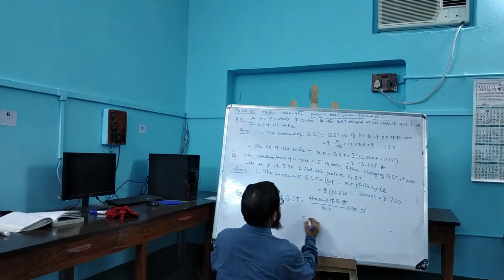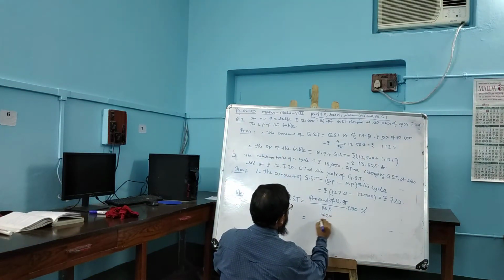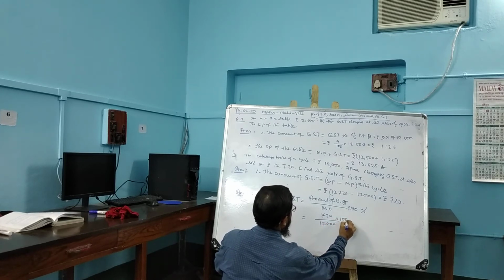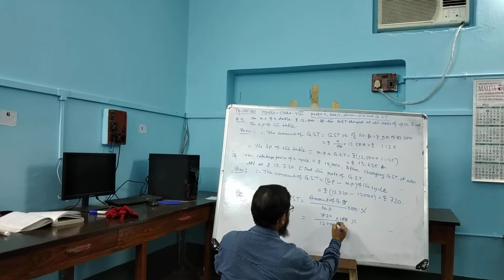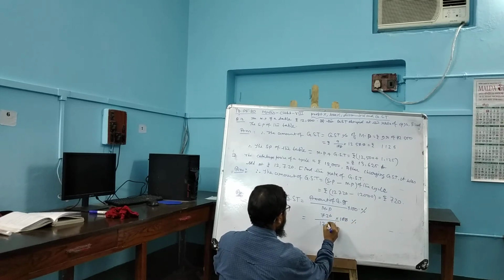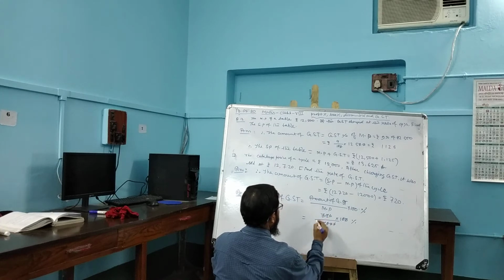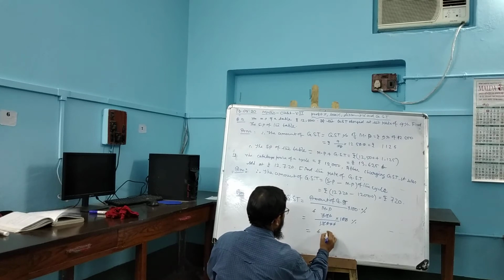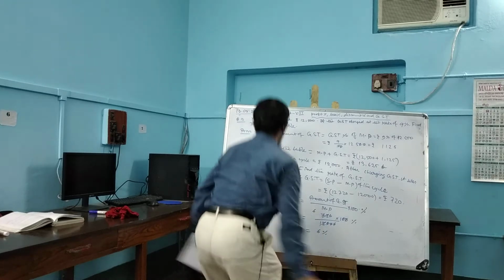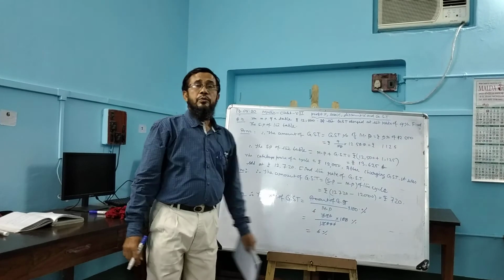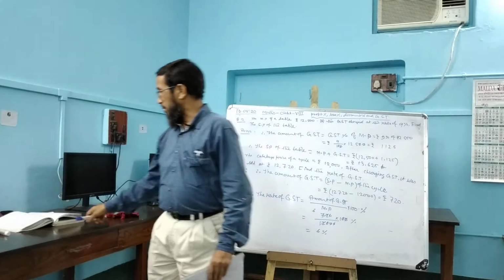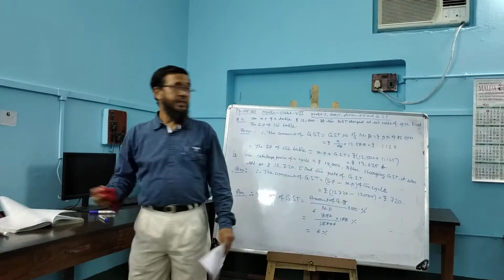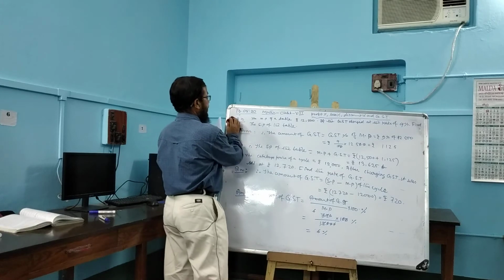That's equal to 720 by 12,000 into 100%. That's equal to 6%. This is the answer. 2 problems solved from GST from our new book. Next question.